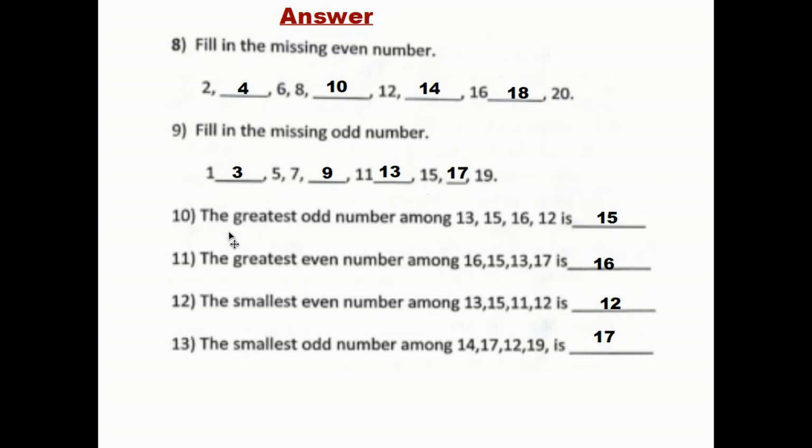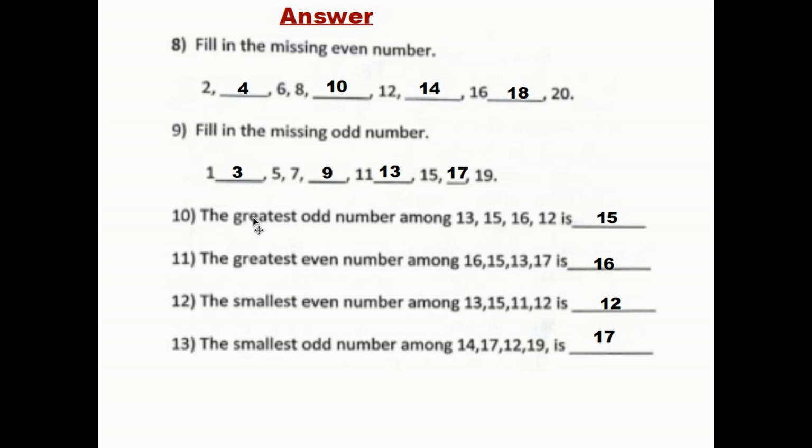And number 10, the greatest odd number among these. Which one is it? You can see 13 is odd, 15 is odd, 16 is even, 12 is what? Even. So which numbers are odd? 13 and 15. From these two, which one is bigger? 15.